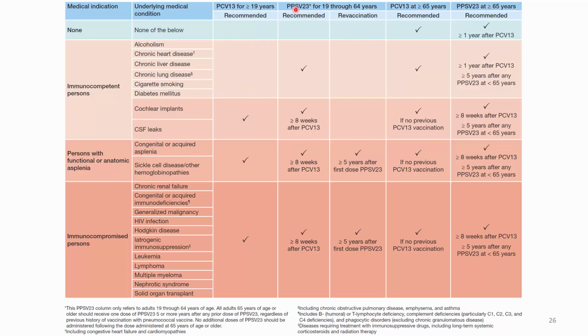For PPSV23, you can see that chronic liver disease is an indication for receiving PPSV23 prior to age 65, and chronic liver disease is not an indication for PCV13. So they don't need a PCV13 until they're 65. This concludes this presentation.